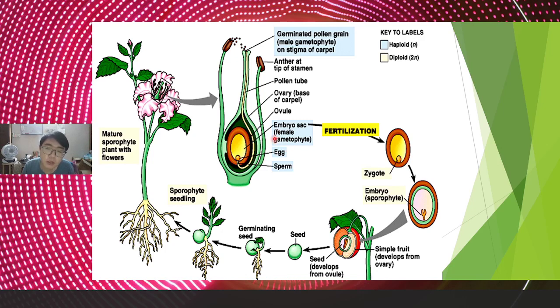The female gametophyte has 8 nuclei, right? Inside there are 8 nuclei: 3, 2, 3, if I'm not mistaken. I have forgotten their names, but there are 8 nuclei. And what produces the embryo sac? The megaspore. The megaspore produces the embryo sac, which is the female gametophyte. And this one actually is not a gamete. You have to know.